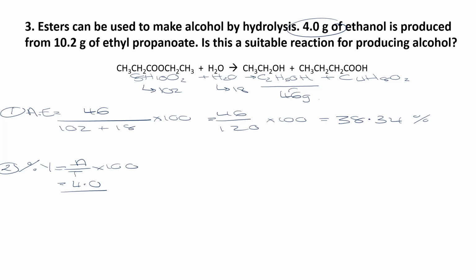To do this, we need to work out the number of moles of ethanol that are actually produced. So here we have a 1:1 mole ratio, but we need to work out the actual number of moles that we have, and we can do this by working out the number of moles of our reactant.